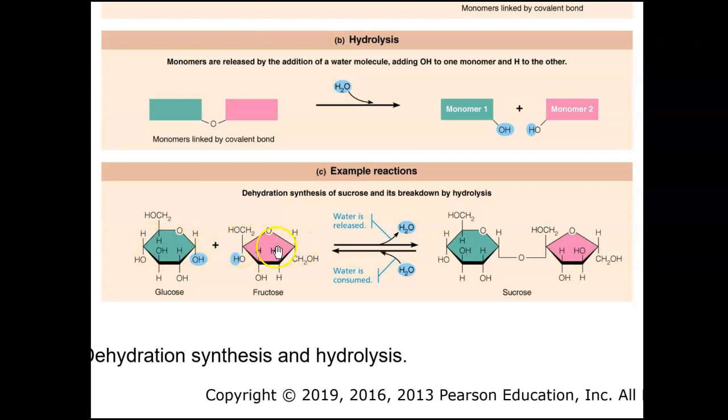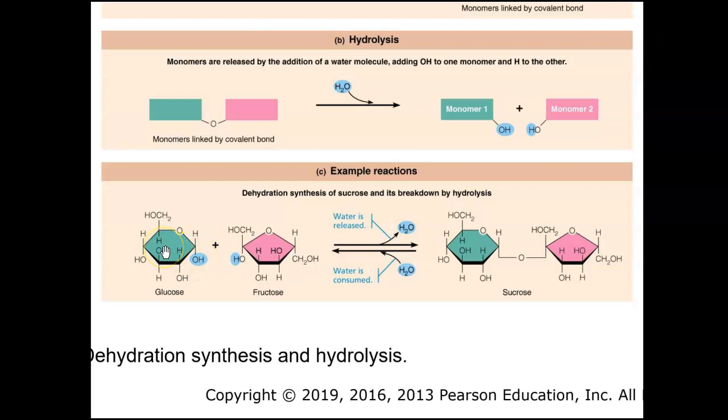The fructose is going to have a hydrogen removed, and the glucose is going to have a hydroxide, OH, removed. That will leave a place for glucose to form a covalent bond with fructose. It will also remove the OH and the H, which will form water.